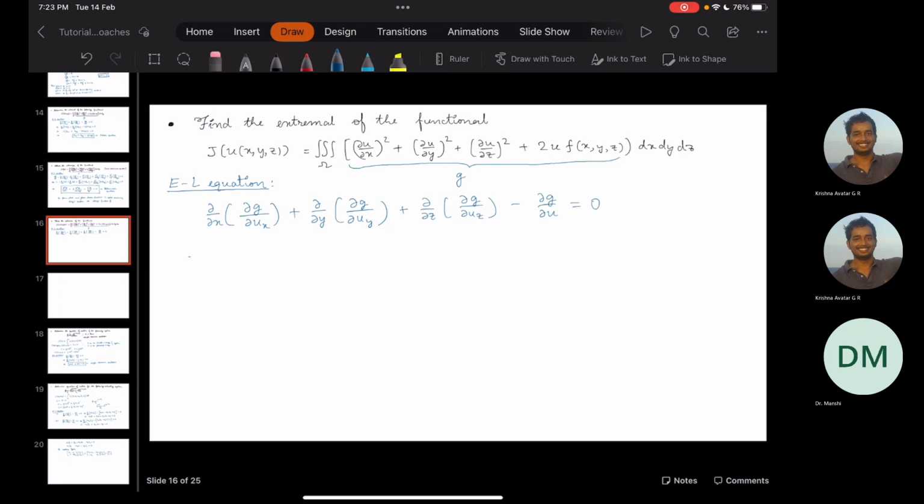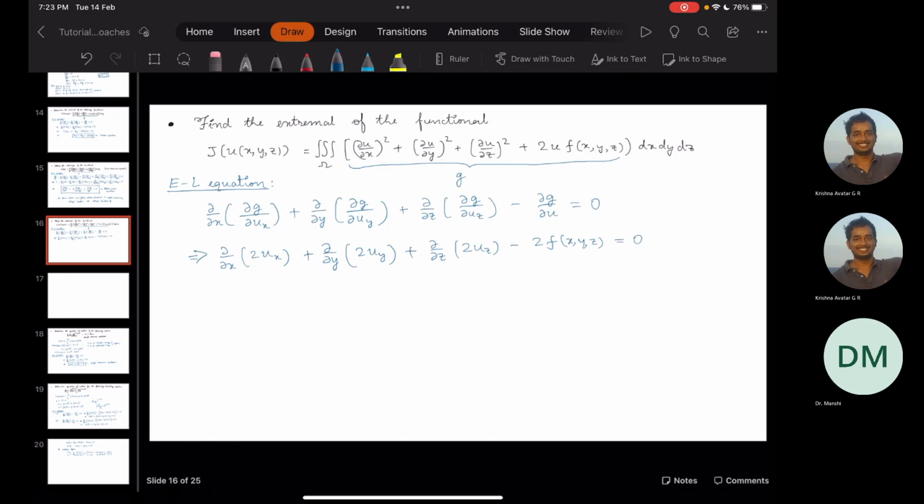Fine. So this implies that del by del x of del g by del u_x is nothing but 2u_xx, and we have 2u_yy, 2u_zz, minus del g by del u, which is 2f(x, y, z), equal to 0.